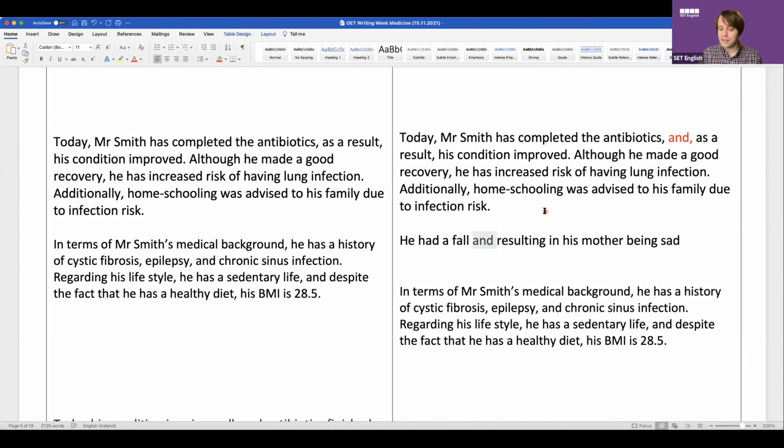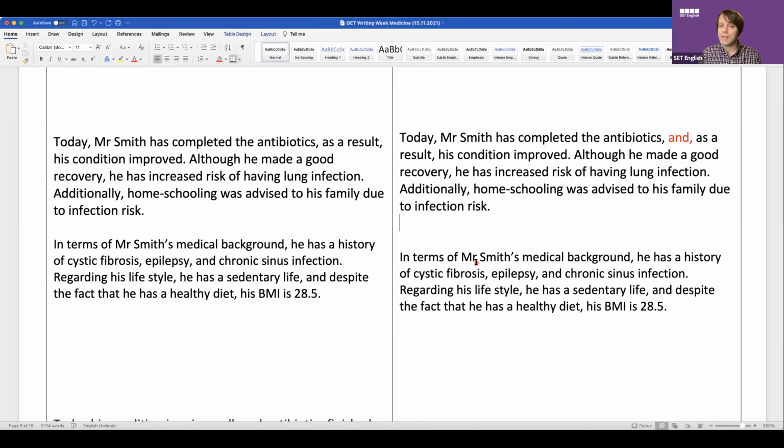No. Don't confuse that with "as a result", right? If I want that, I would have to say "as a result" like this, right? What do I need now, guys? It's the same problem. I need "and", right? Don't get confused with your results language. There's different types and different rules for each one, okay?